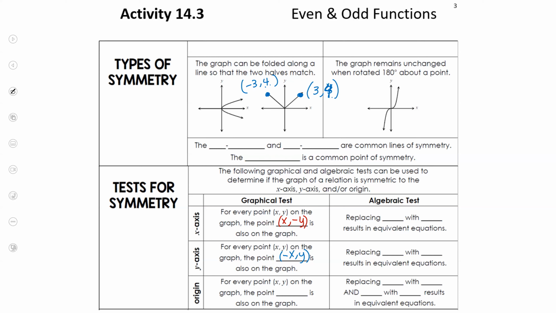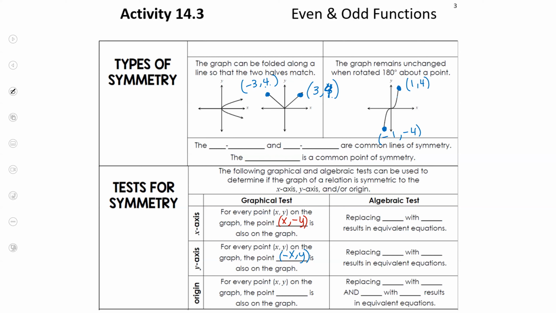Okay, now let's look at the origin. So that's this example here. Let's say that this point is 1, 4. What is this point? Yep, -1, -4. So the x value changed to being negative and the y value changed to negative. And that is true about every point.